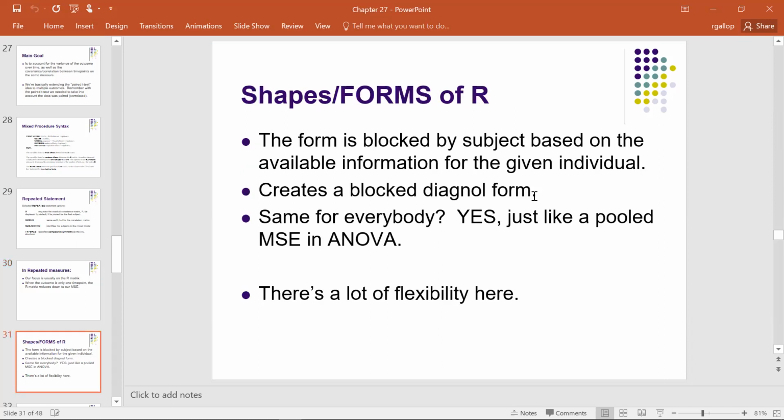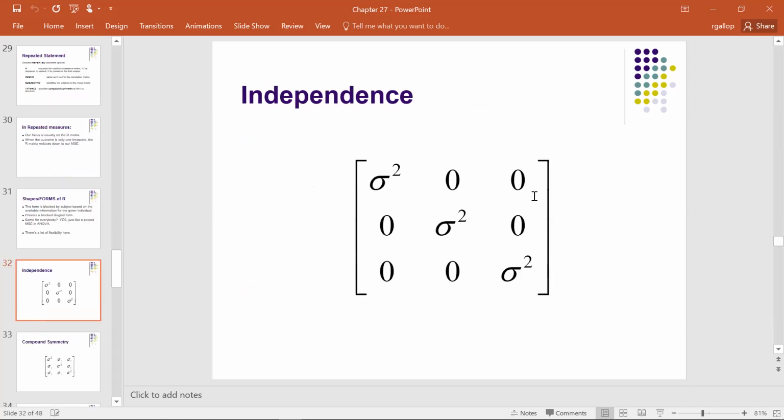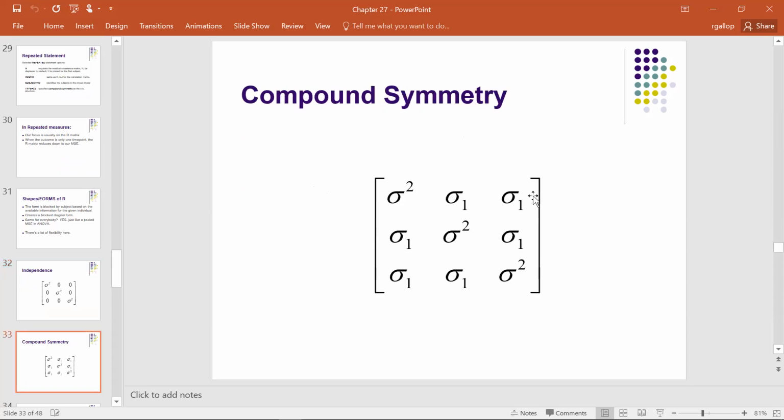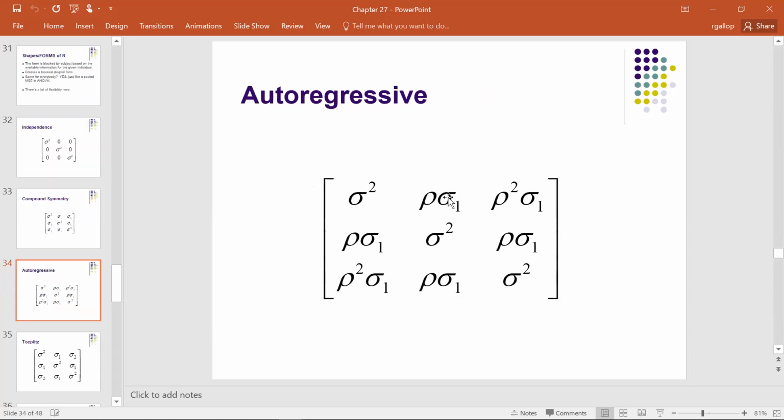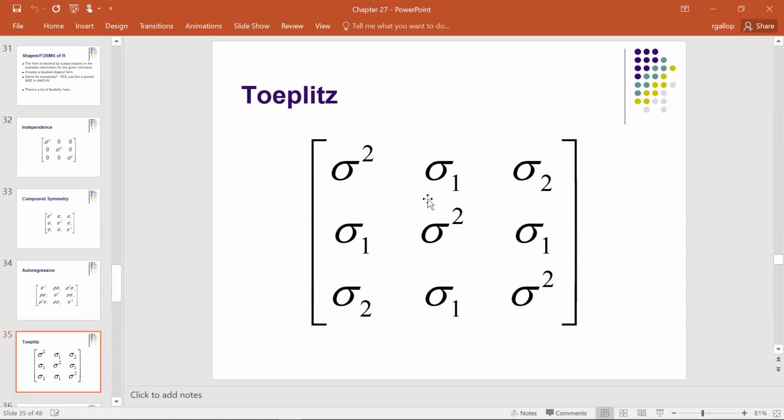So some shapes and forms of the R. Independence assumes no correlation. Don't know why we do that. Compound symmetry, like we said, has equal variance at each time point and equal covariance between pairs. The autoregressive has the common variance at each time point, the covariance, and then the correlation term being raised by the elapsed time.